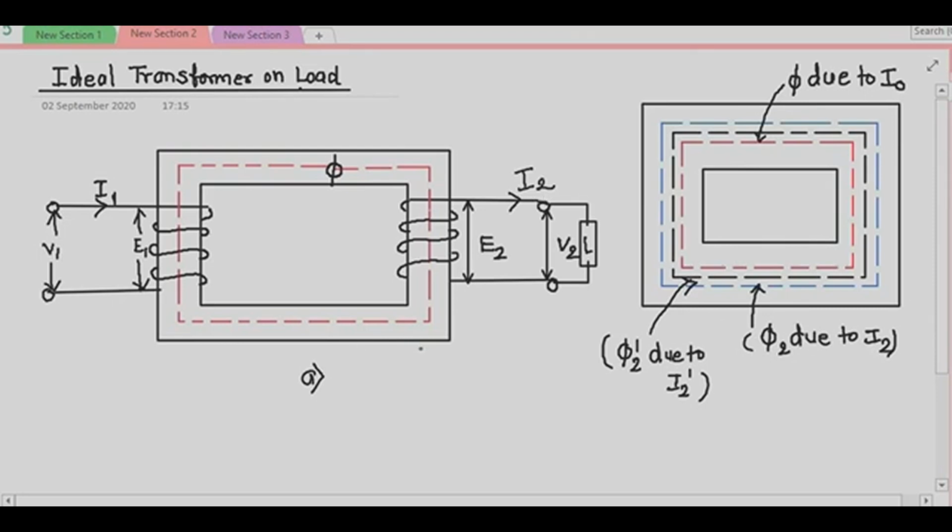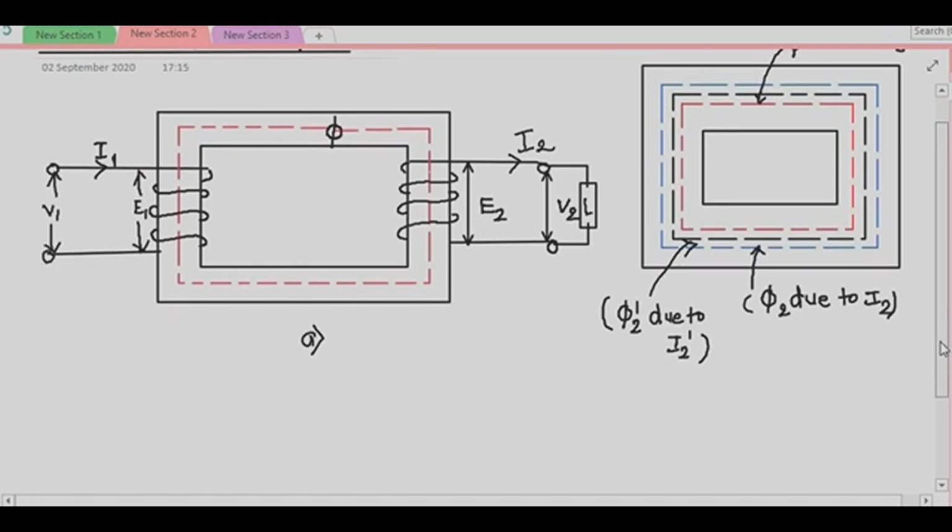Now if I consider a general case of an inductive load having lagging power factor cos phi 2, the current I2 lags V2 by an angle phi 2. So let us now develop the phasor diagram.